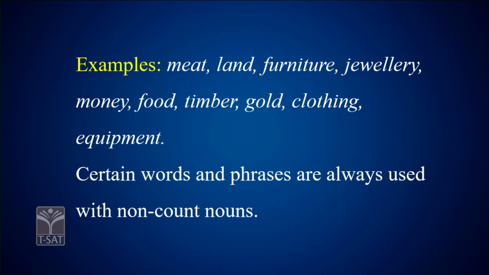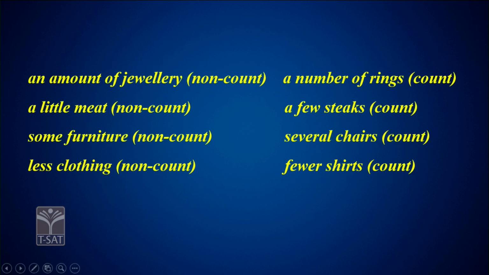Some words and phrases are always used with these uncountable nouns. You can see some examples here for non-count or uncountable nouns and countable nouns. An amount of jewelry is a non-count. A number of rings, countable noun. A little meat, uncountable.